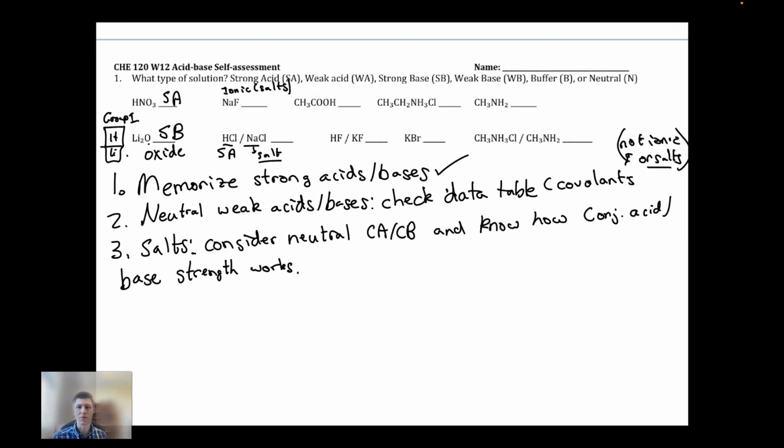For salts, we're going to need to go through a process where we break into ions, and those are typically the most difficult, so we'll deal with that last. But NaF is a salt. CH3COOH, though, has no metals, so this is some neutral compound, which is either an acid or a base.